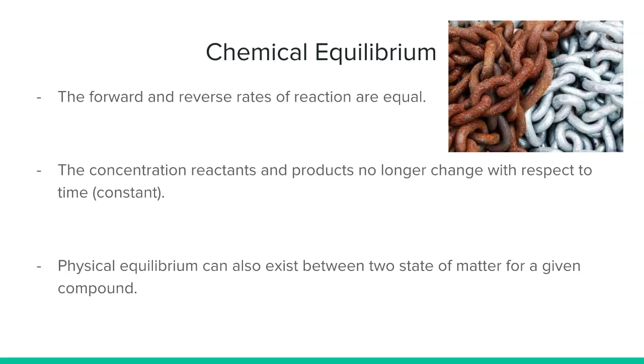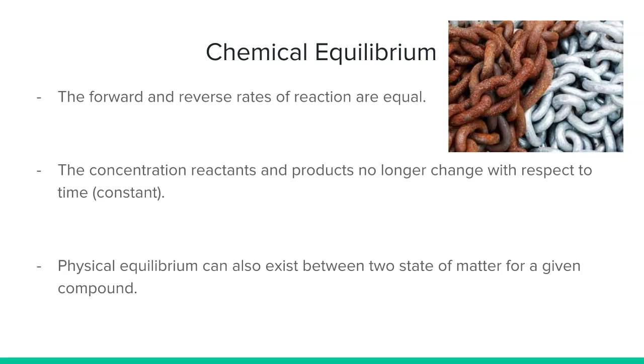When we're talking about something in equilibrium, there's a back and forth. So equilibrium is always dealing with a reversible process. Keep in mind, we've stated in the spontaneity lecture that all of these processes are reversible to some extent. You just have to manipulate the conditions in the correct way. It's very rare to have a completely irreversible reaction.